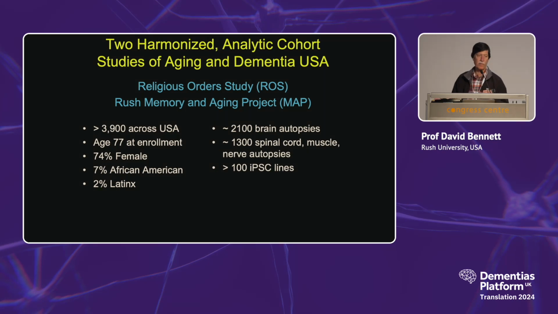More recently, we've been taking the white cells from the blood that were cryopreserved while they were alive. And after they come to autopsy, we grow those white cells and we make them into induced pluripotent stem cells. We have about 110 lines right now, including 57 from African Americans. And so from there, we can induce those to become neurons and glia.